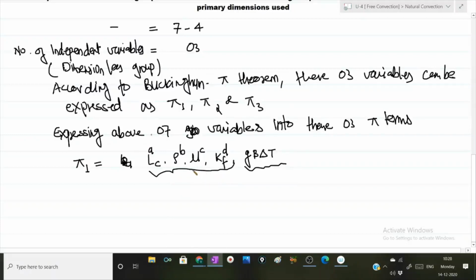Now how to select these parameters? The first parameter will be representing the dimensional parameter, that is length. Second will be the fluid property, that is density.